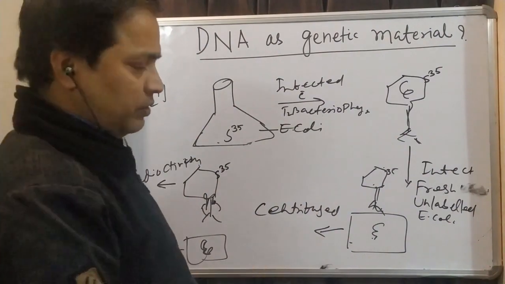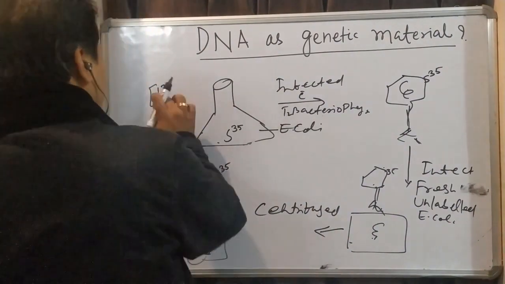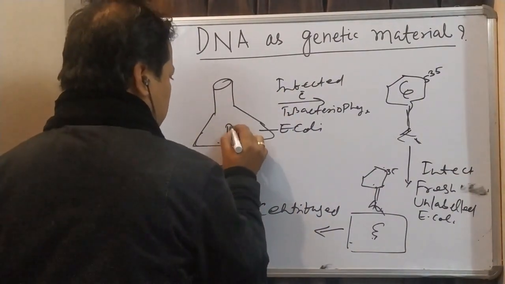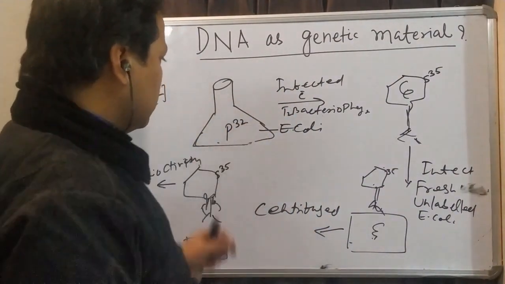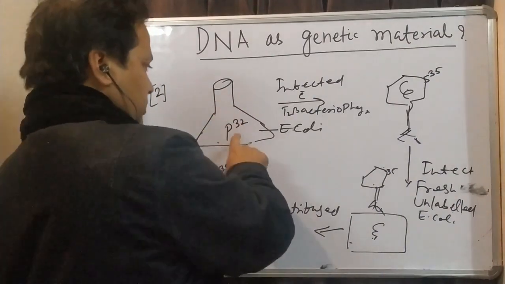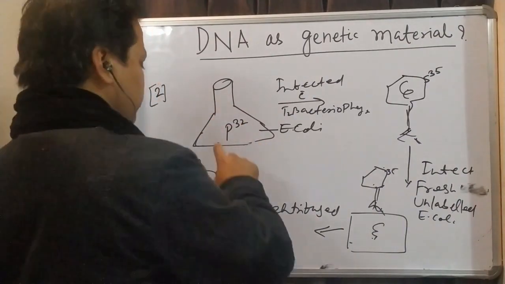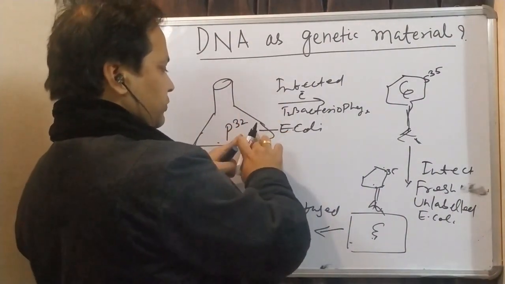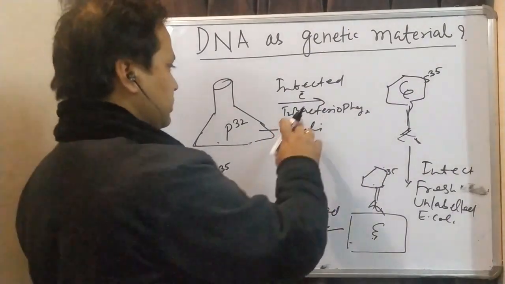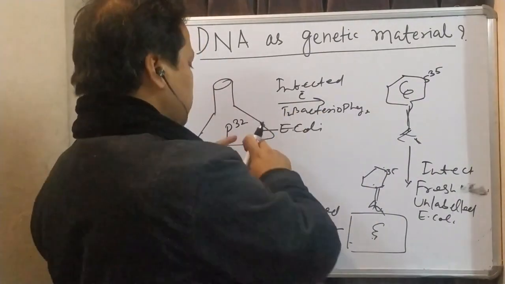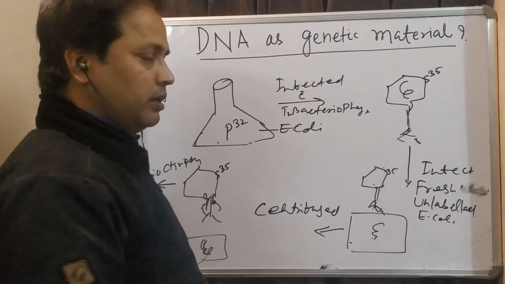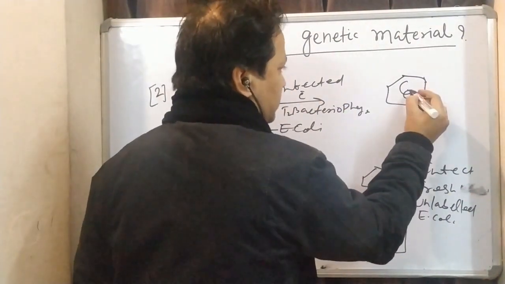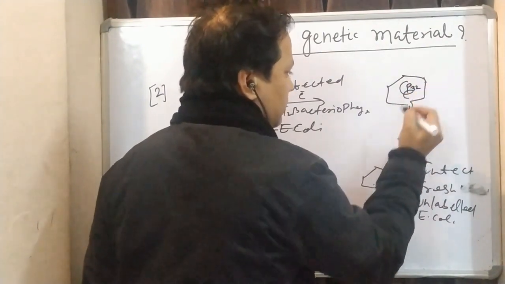So this is one part of the experiment. In the second part of the experiment, it was labeled with P32. Same experiment, but this does not contain sulfur 35, this contains phosphorus 32. Now E. coli is grown in this P32 containing media, and it is infected with T2 bacteriophage. Now phosphorus is present only in the DNA, not in the proteins. So this P32 will not be present in the protein, it will be present in DNA.